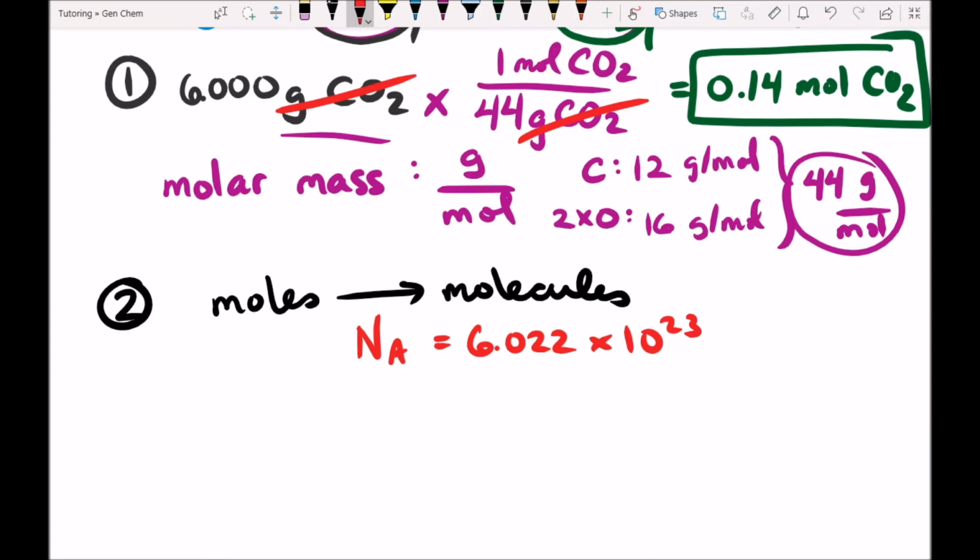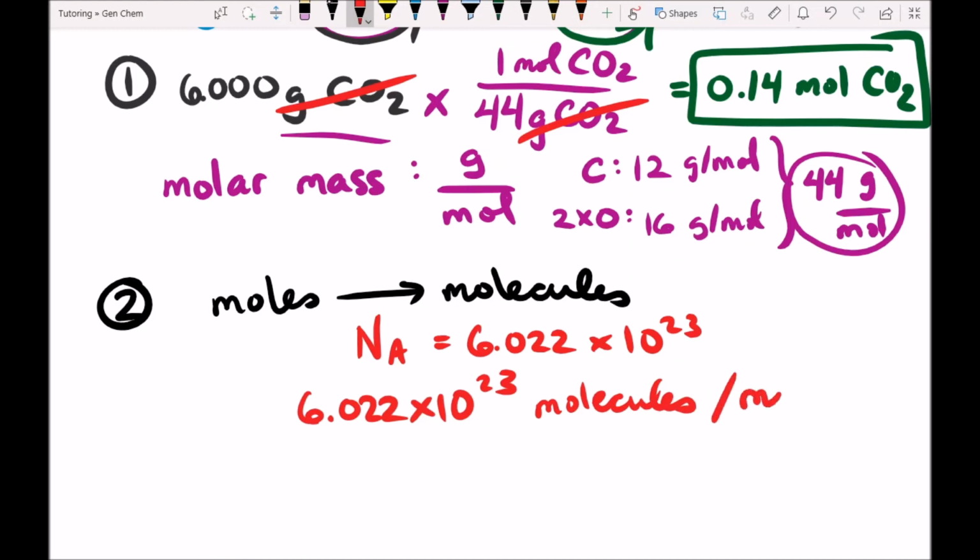So we could say that our conversion factor is 6.022 times 10 to the 23rd. This is the number of molecules per mole for a mole of any molecule. Here we have CO2. So that's 6.022 times 10 to the 23rd CO2 molecules in 1 mole of CO2.